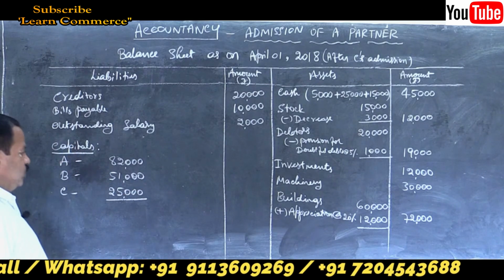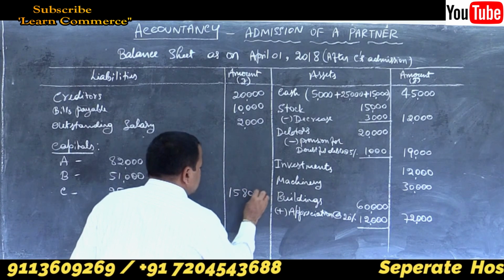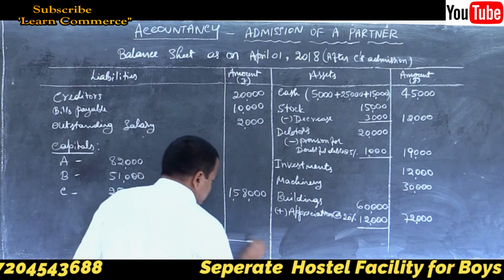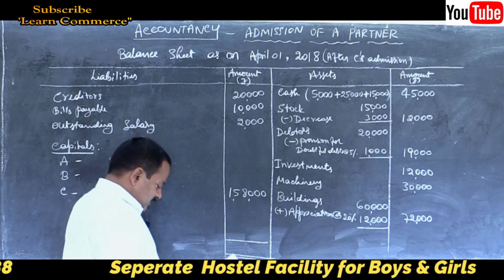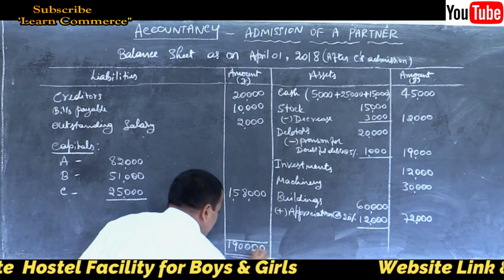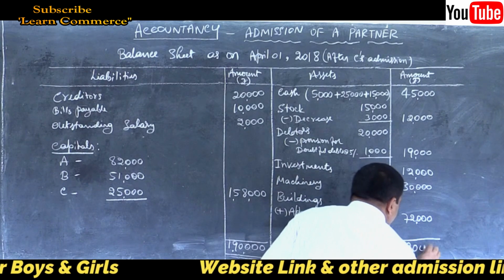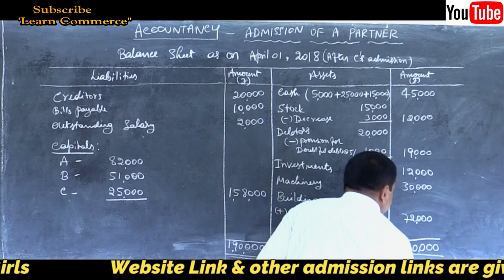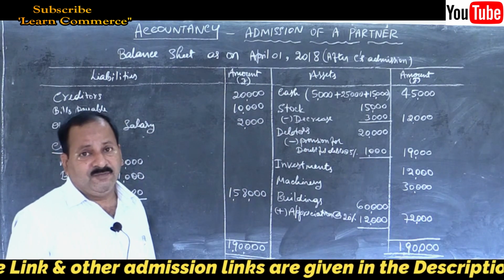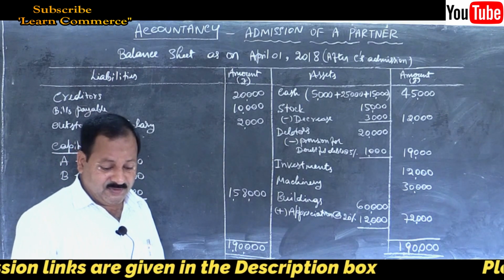Write the total in outer column, 1,58,000. Your balance sheet must agree. Check whether it agrees or not. The total will be 1,90,000. Yes, it is. On either side, it is 1,90,000. Your problem is solved. This is how you have to solve a problem in board exam whenever you get 12 marks problem on admission.